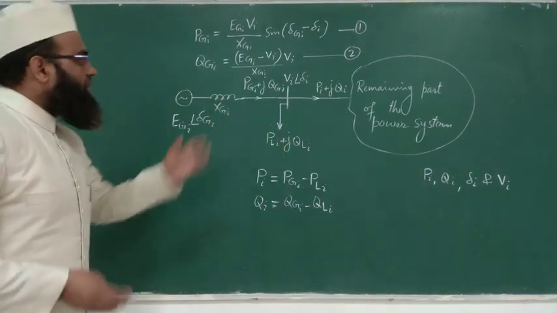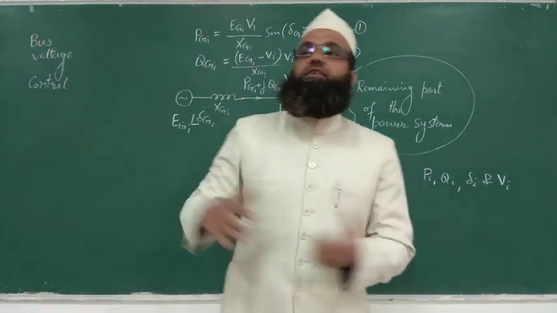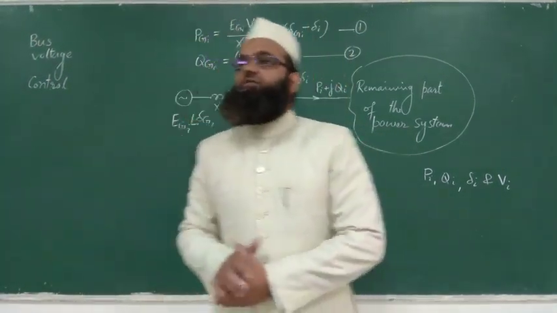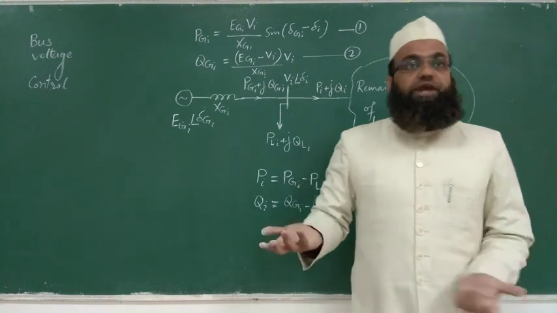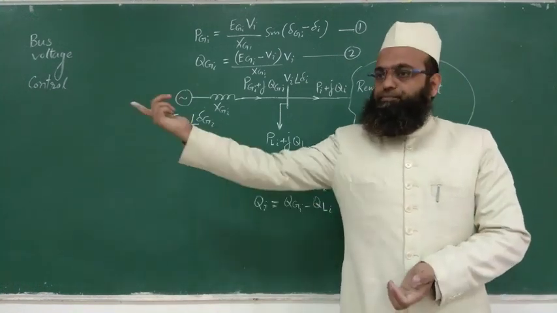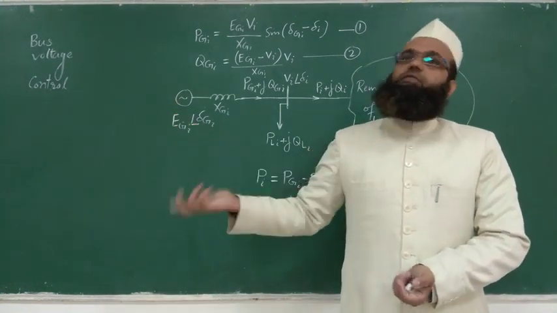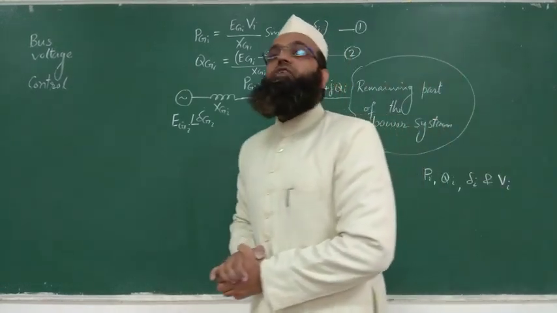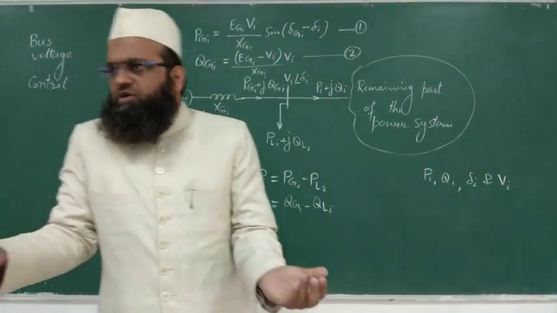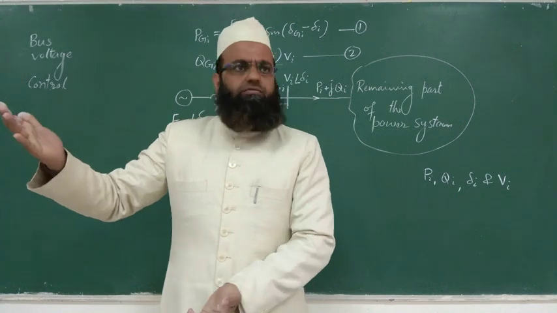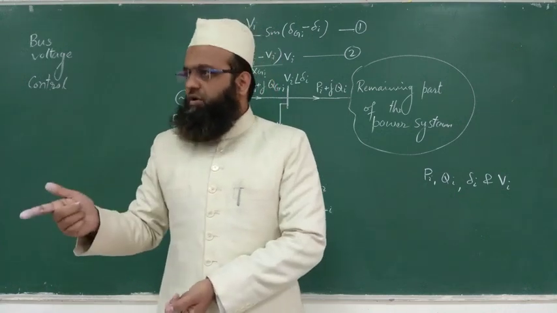So bus voltages can be controlled in various ways. We have discussed using generator settings and governor setting. Other ways also, you can use regulating transformers. You know that transformers can boost voltages. They can step up or step down.